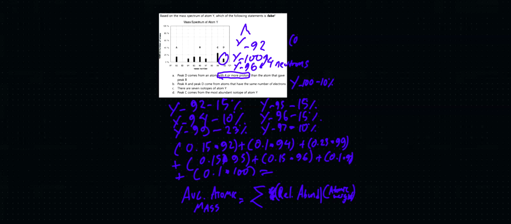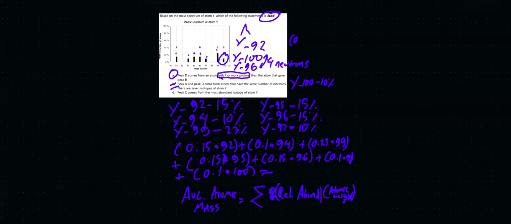So since we're asking which one's false and you know it's A, let's check B, C, and D. B: peak A and peak D come from atoms that have the same number of electrons. No, electrons have nothing to do with mass spectrometry. There are 7 isotopes of atom Y. Let's count: 1, 2, 3, 4, 5, 6, 7. That's true, but they're asking for false.